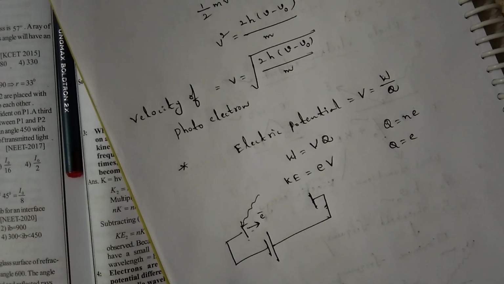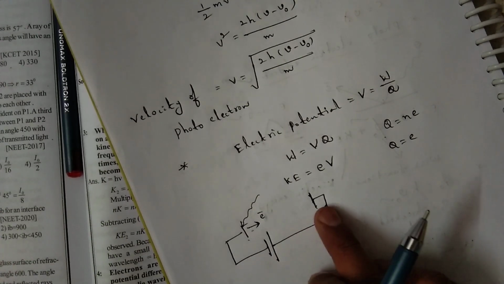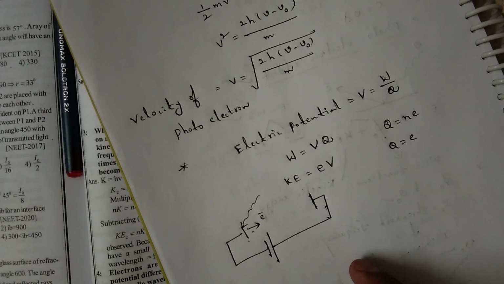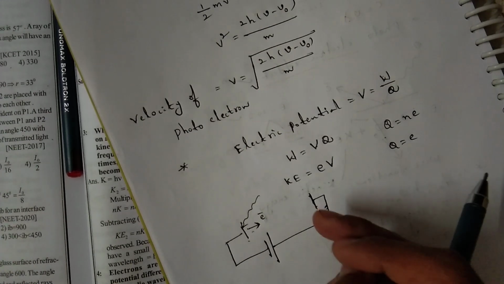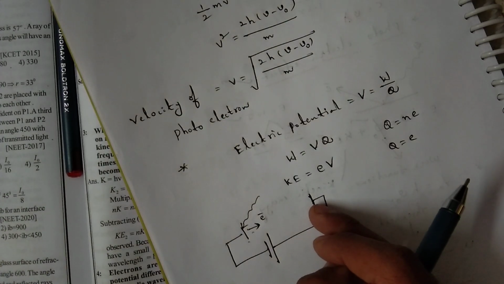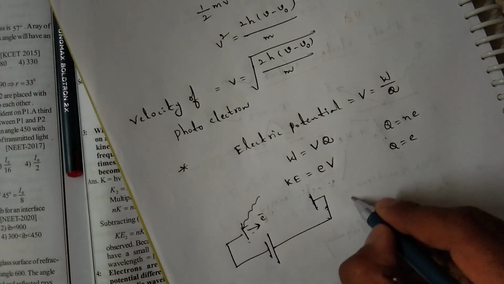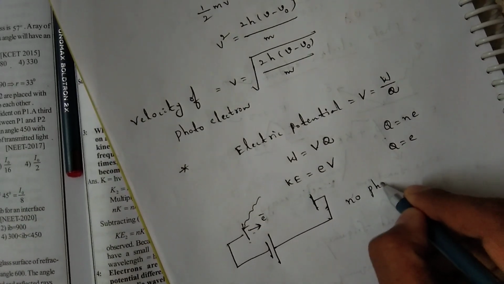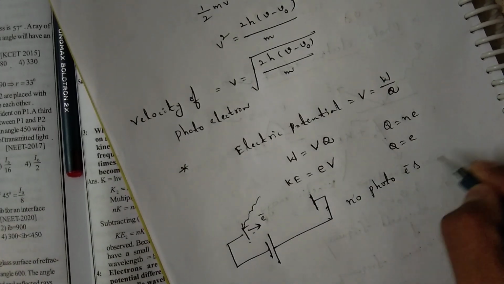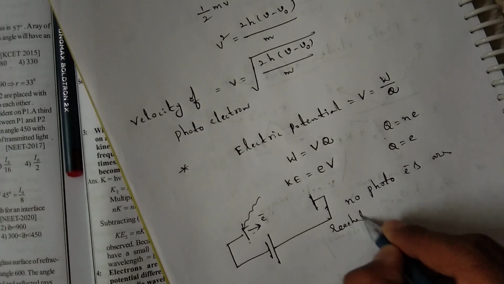If again you increase the negative potential or decrease the positive potential, then gradually the number of electrons reaching the anode decreases. At one particular potential, no photoelectrons reach the anode.